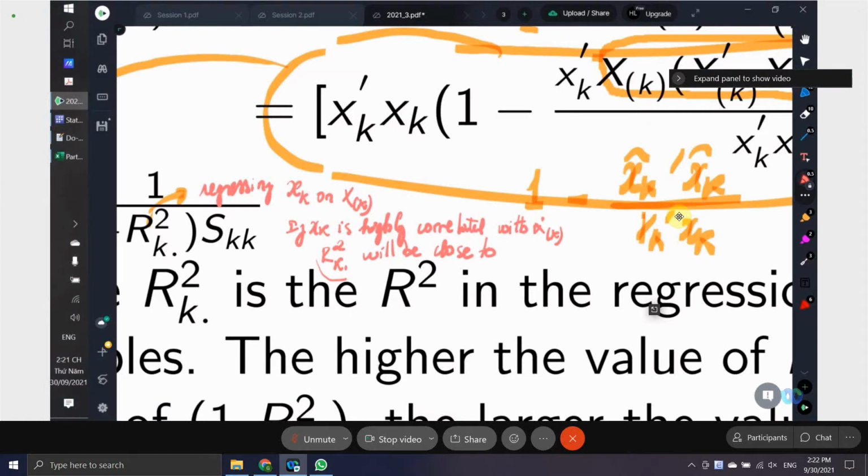If they are highly correlated, meaning that most of the variation in xk could be explained by the matrix X-k, so it will be close to... Maybe 0.